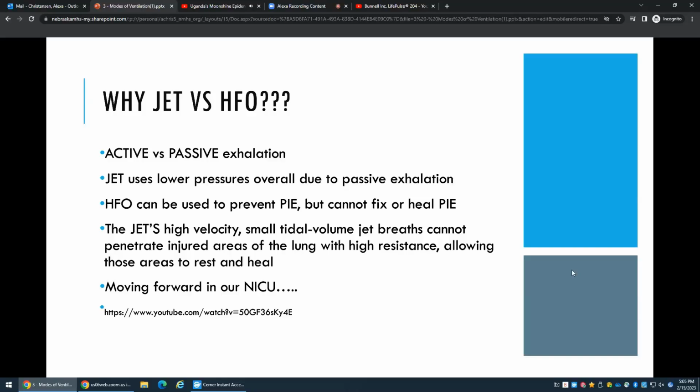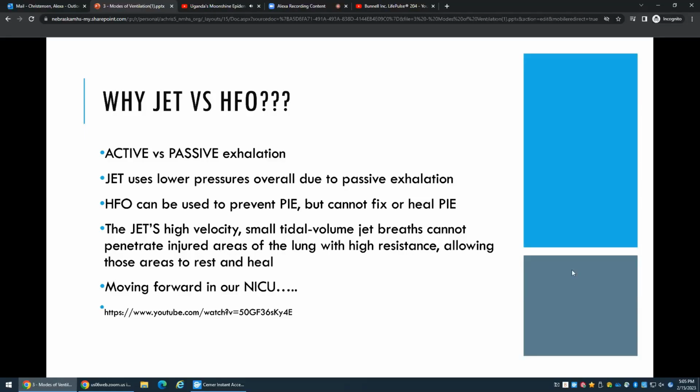The jet also uses lower pressures overall due to that passive exhalation. Because if you don't have this air trapping, this dead space air that's hanging out in the distal airways, you don't necessarily need as much pressure to ventilate the lungs.